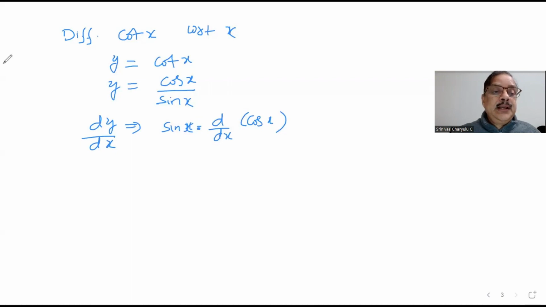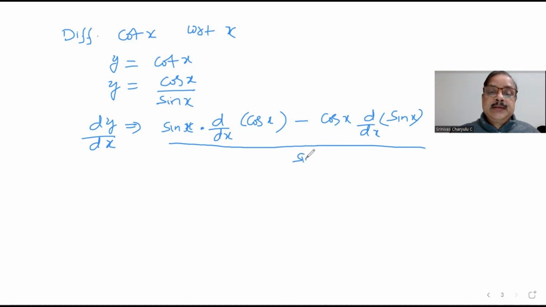Okay, I'll just rewrite this. Sin x into d by dx of cos x minus cos x into d by dx of sin x, whole thing divided by sin square x.